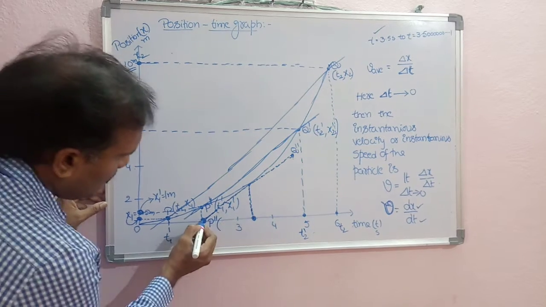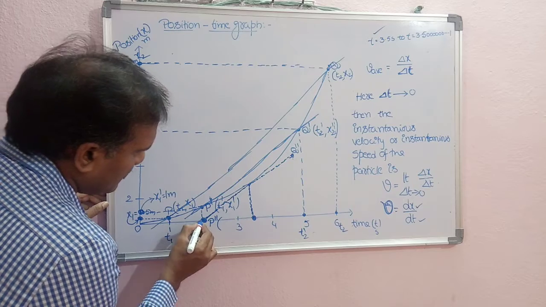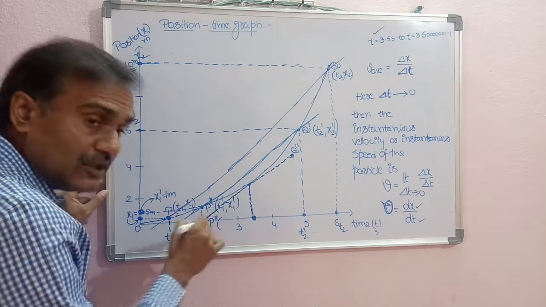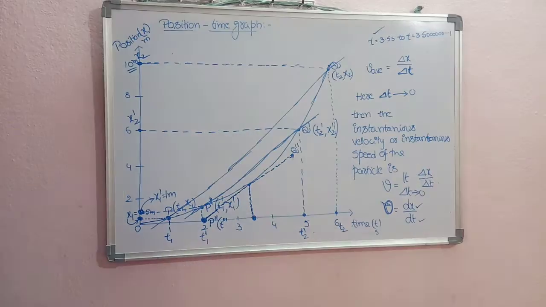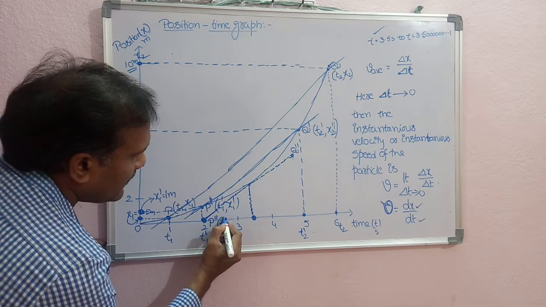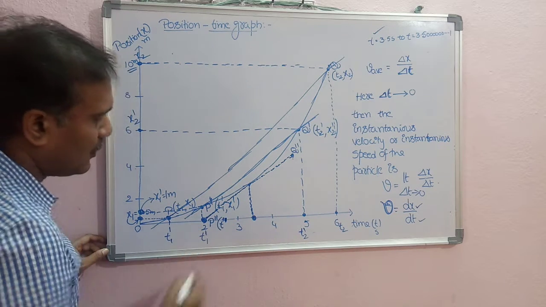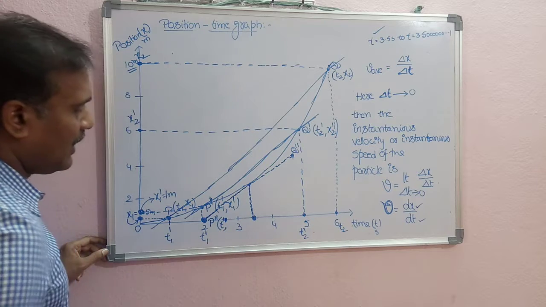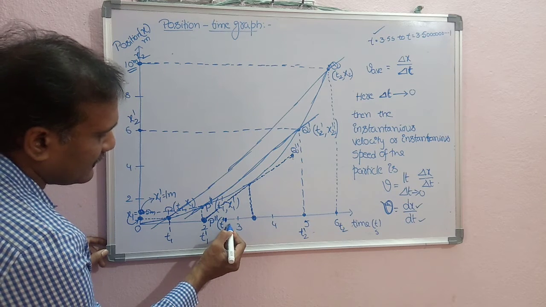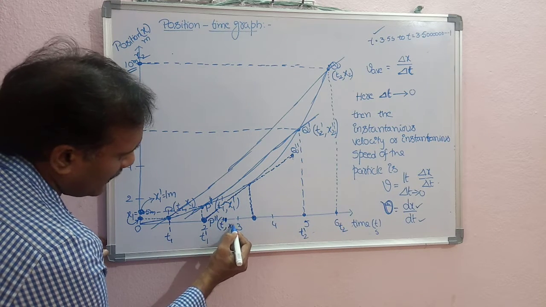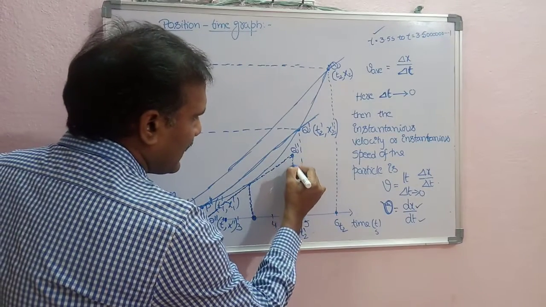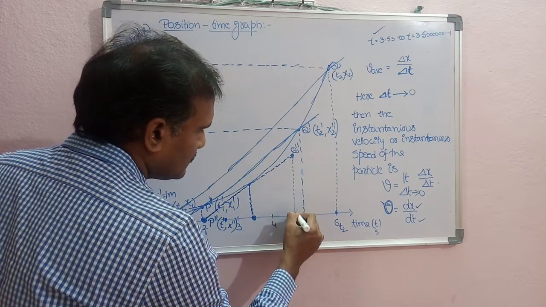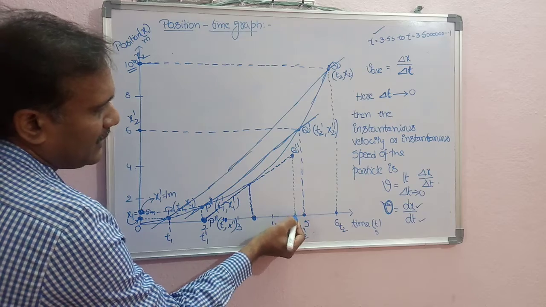You can assume the x coordinate is t double dash, and the y coordinate is 0. You can assume it is x double dash. Now you can draw a line in this manner.